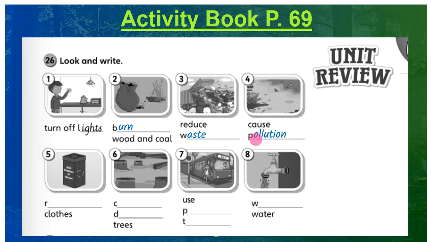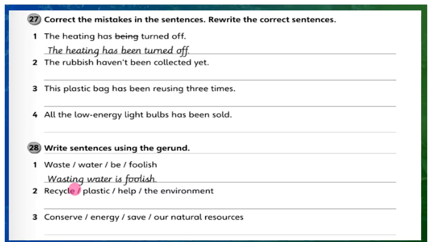And 5 is, now this sign here means recycle clothes. 6 is 2 words, cut and down. So cut down trees. And 7 is use public transport. Finally, waste water.